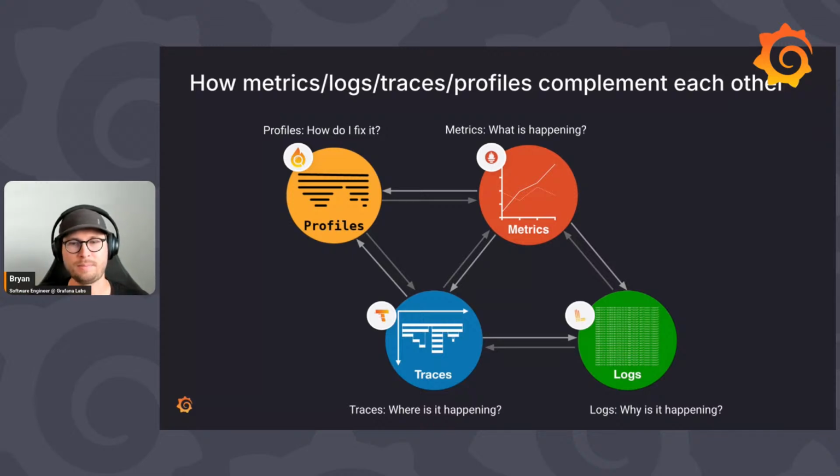So Grafana has a product called Grafana Pyroscope, which is a continuous profiling solution. That means we will continuously profile running applications and build out flame graphs, or build out profiles, for that application.